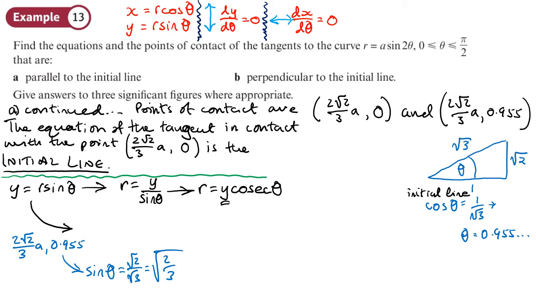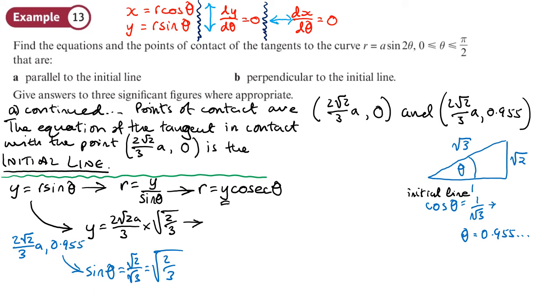Right, so y equals r. So r is 2 root 2a over 3 times sine theta. Now sine theta is root 2/3. So we don't need to do sine of this. We want the exact value.